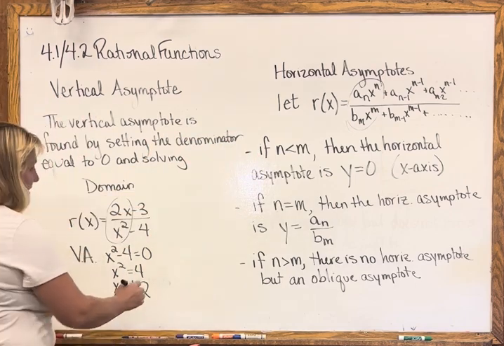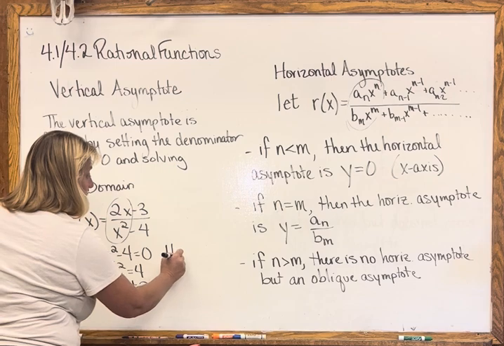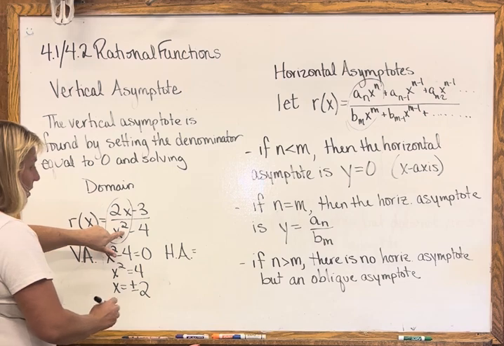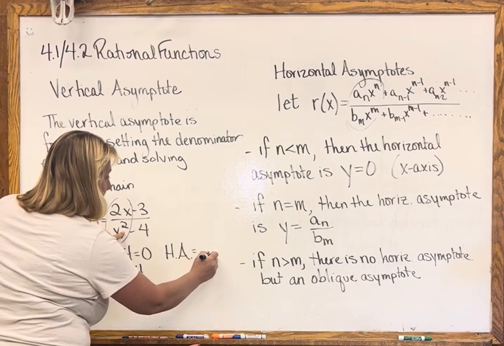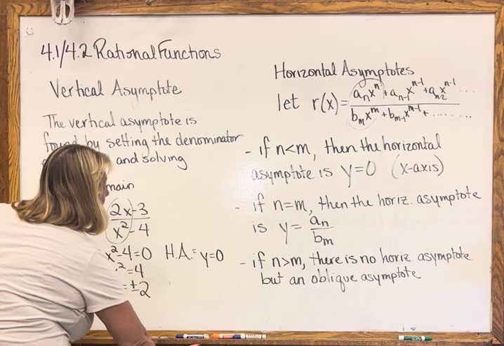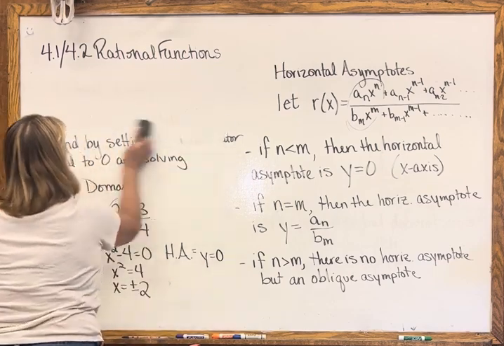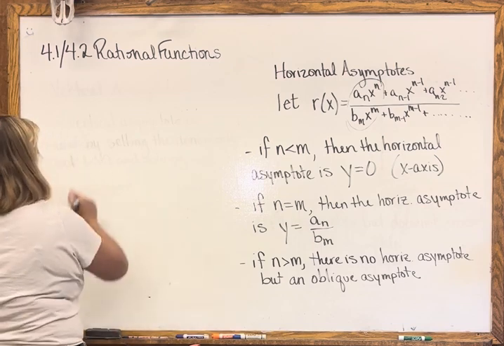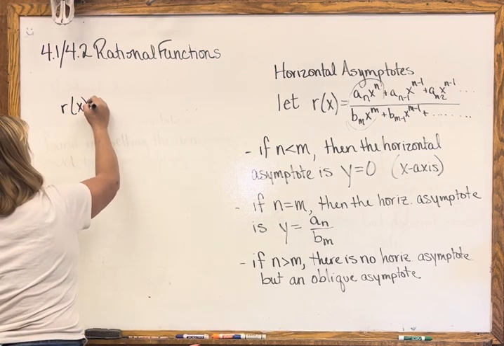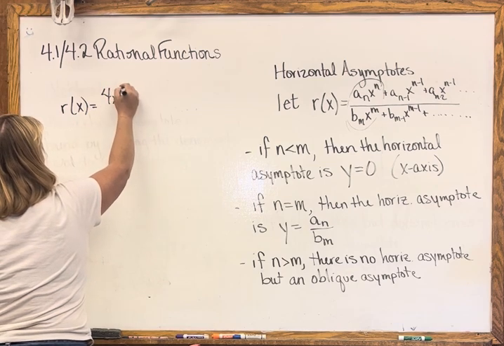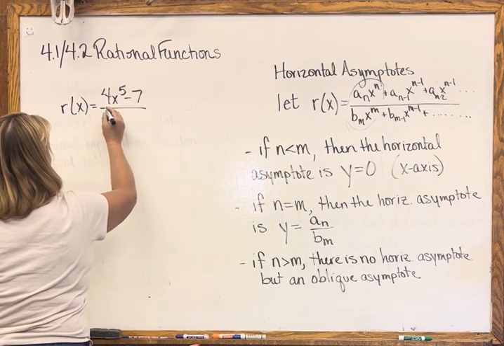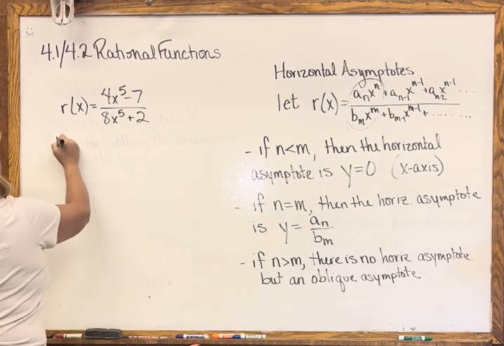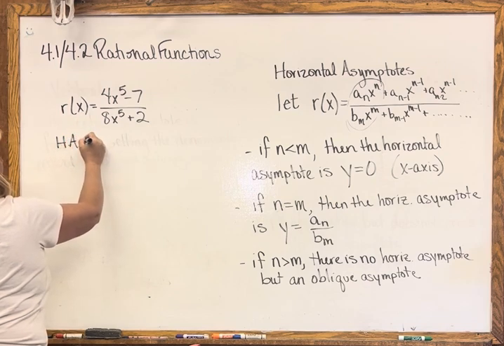So if we were being asked here, and then someone said, can you find the horizontal asymptote, we would say smaller on top than on bottom. So this is y equals 0. If, let's say, though, it happened to be r of x equals 4x to the 5th minus 7 over 8x to the 5th plus 2. And I'm only interested in the horizontal asymptote for the moment, okay?